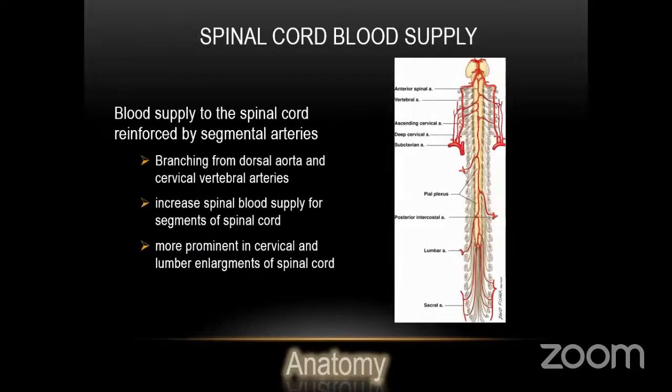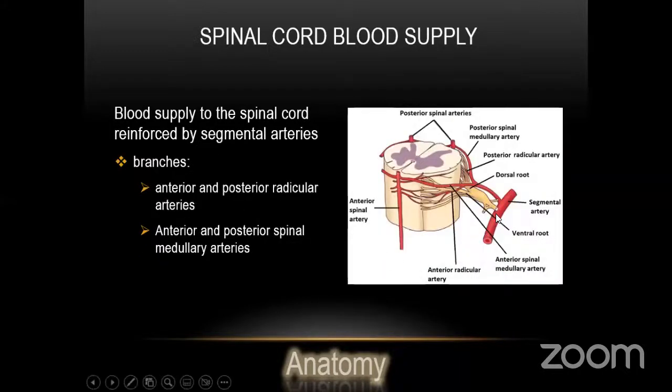The blood supply of the spinal cord is reinforced by segmental arteries that branch from the dorsal aorta and cervical vertebral arteries, increasing spinal blood supply for segments of the spinal cord, and it's more prominent in the cervical and lumbar enlargement of the spinal cord.